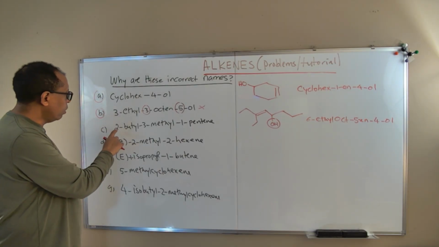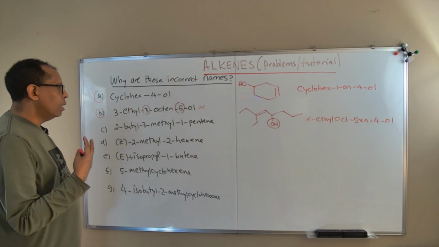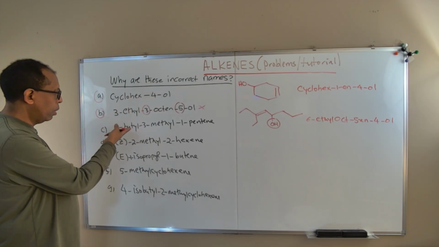The third one we have is 2-butyl-3-methyl-1-pentene. Let me write the structure that was given here.